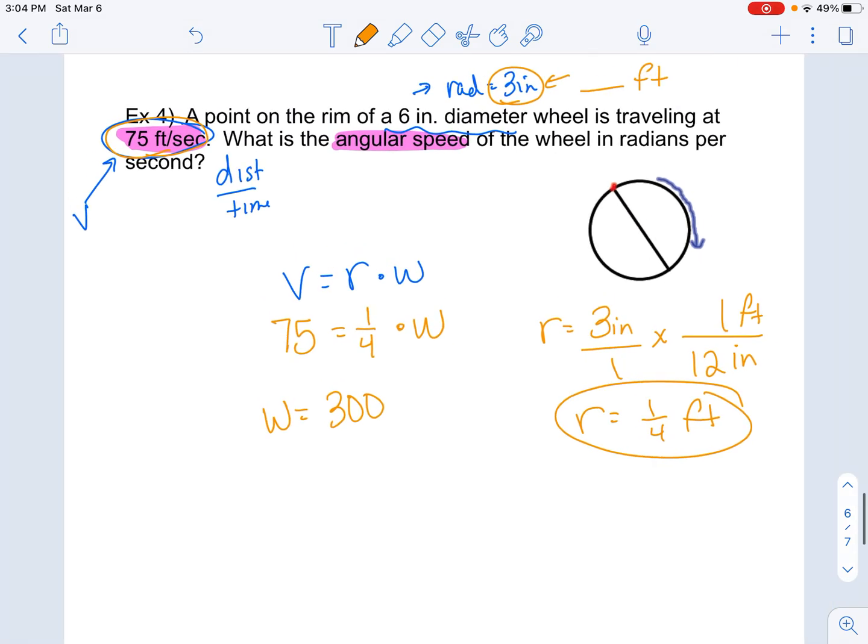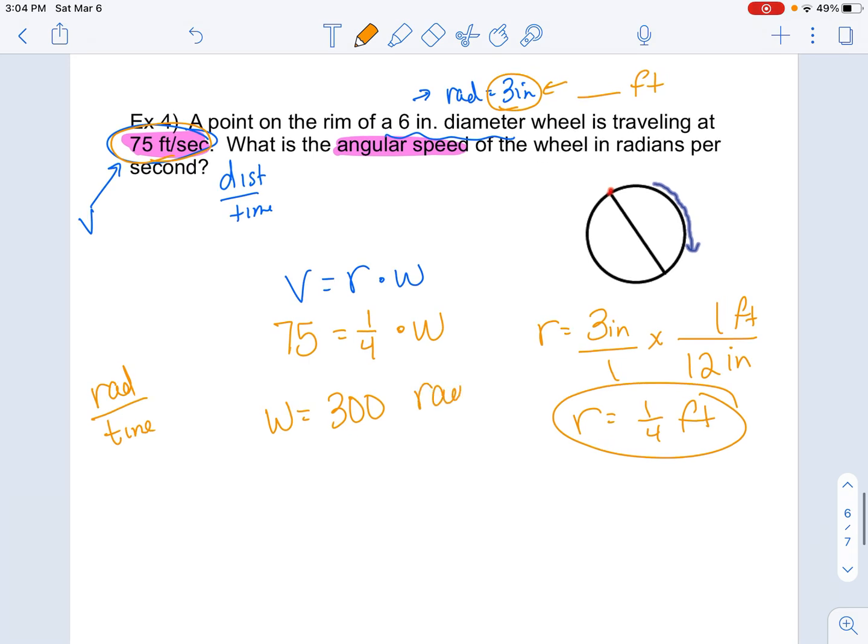Okay, so again, we've got to be really careful with our units. We know angular speed is always radians over time. So I know that when I divide by that 1/4, I am left with radians over time. And in this particular problem, my time was seconds, so I know that it's radians per second. Notice there was no pi in the problem at all because it said 75 feet per second.